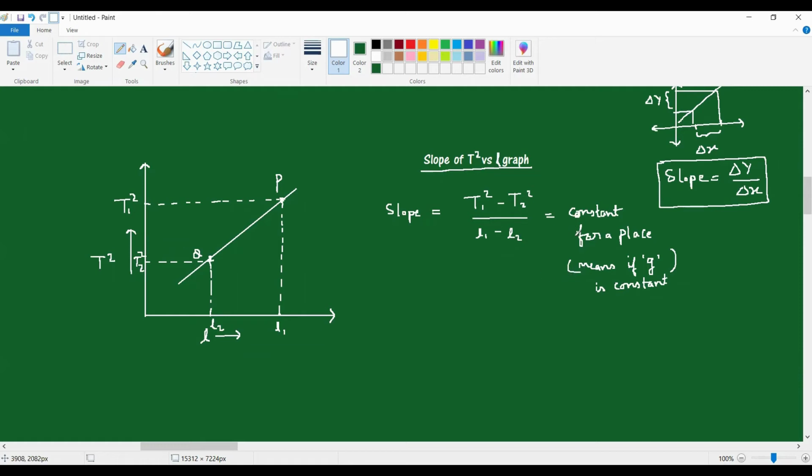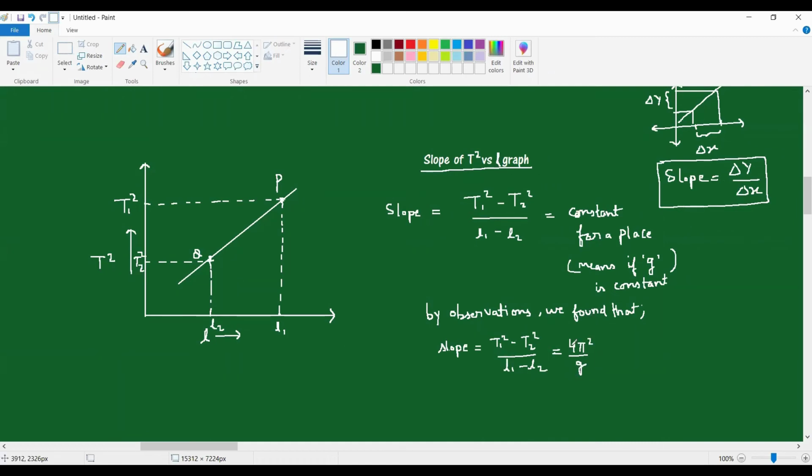So what is the constant value then? By observations, it was found that slope is equal to (T1 square minus T2 square) upon (L1 minus L2), which is equal to 4 pi square upon g.